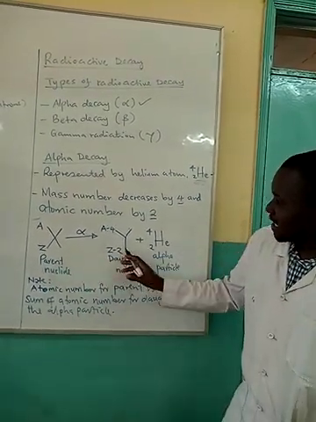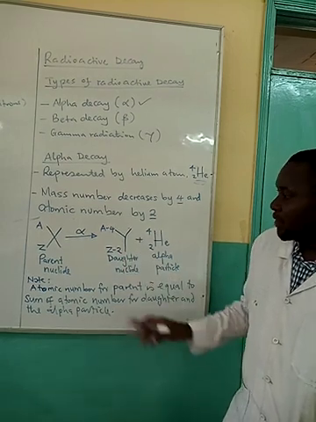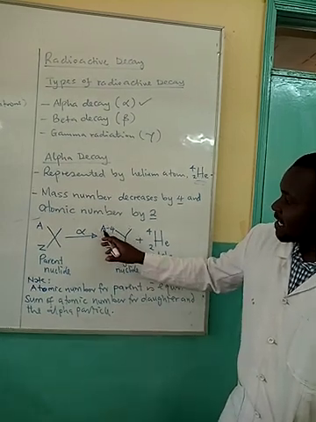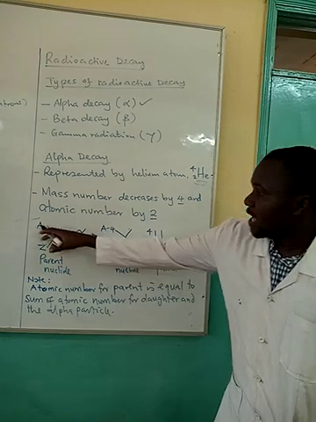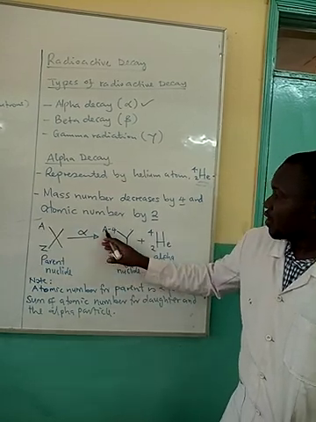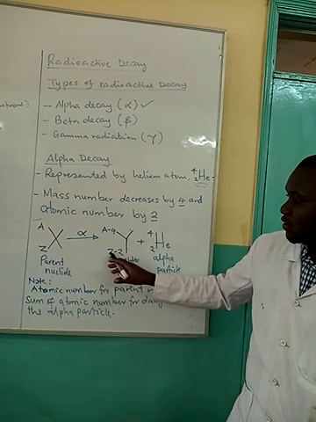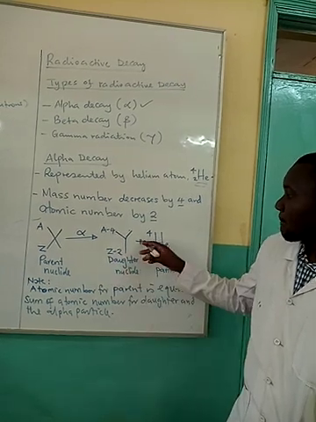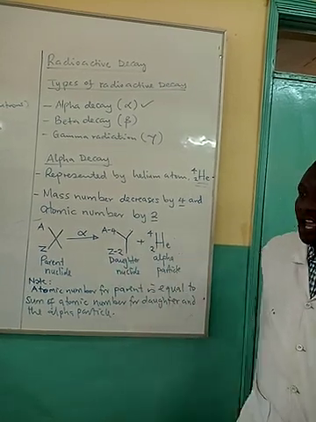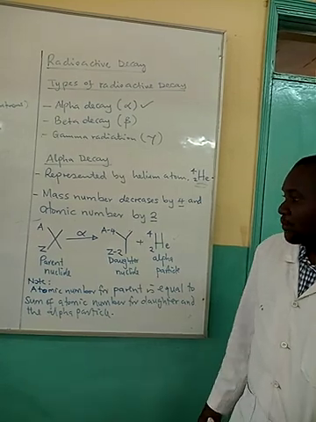It will disintegrate into an atom Y. The mass number reduces by 4, so A becomes A minus 4, while the atomic number reduces by 2, so Z minus 2. Plus, we include the helium atom.